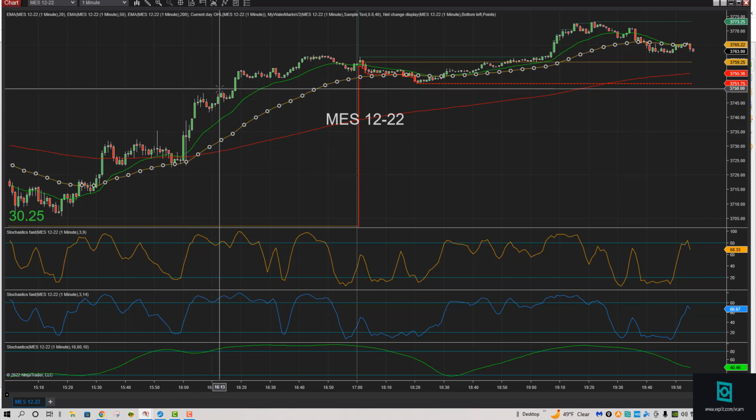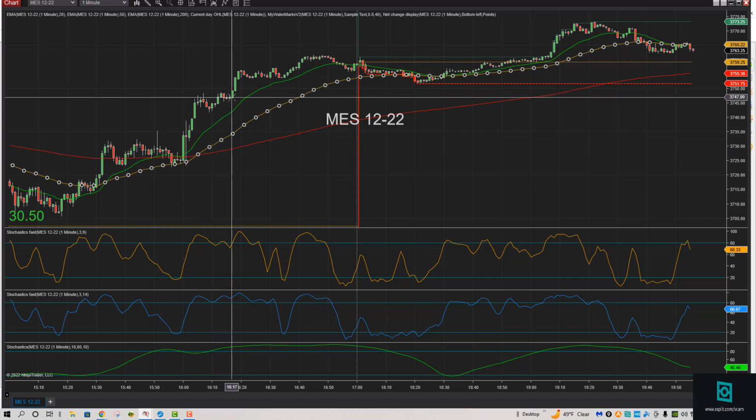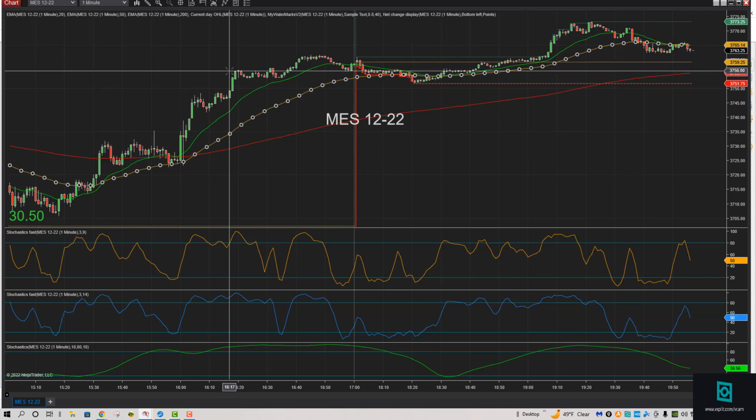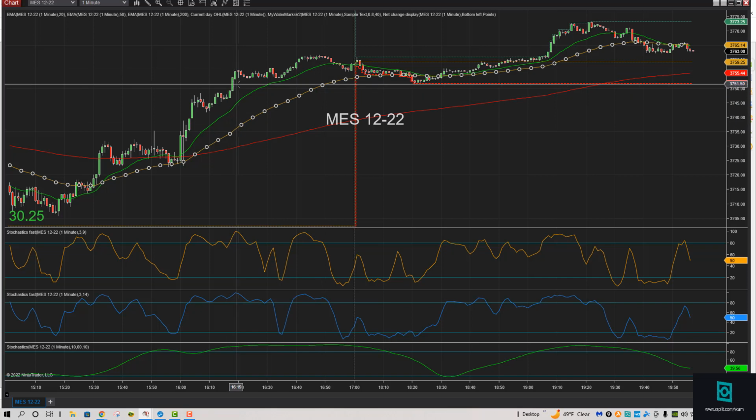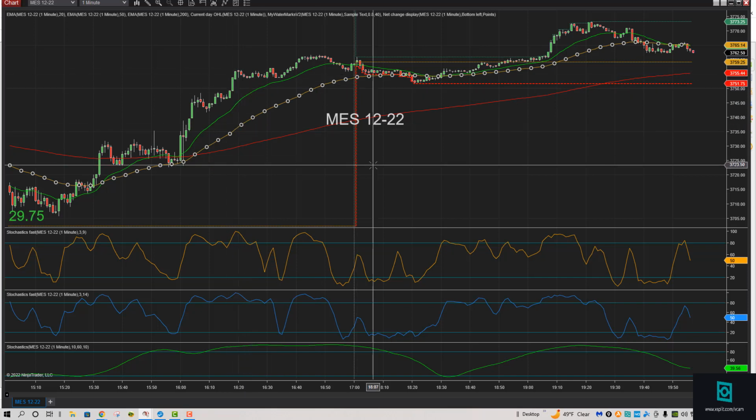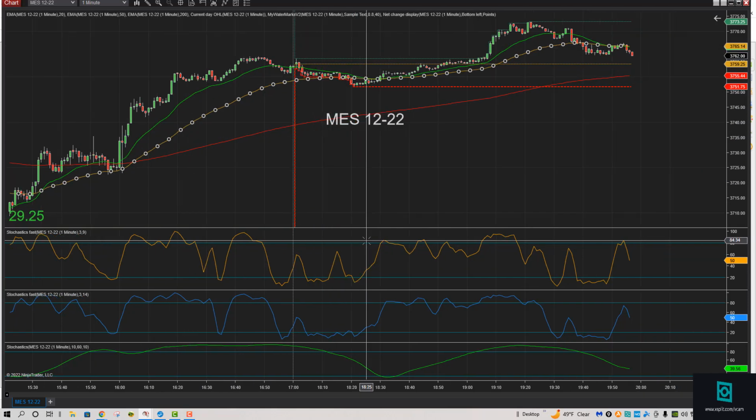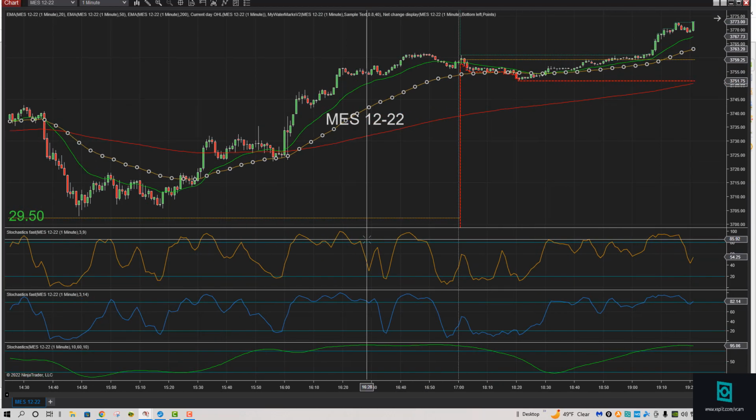These are huge moves, absolutely. In 3 minutes here, 3 candles, we went from 46 to 56. A 10-point move in 3 minutes. Identifying those moves is what I specialize in.